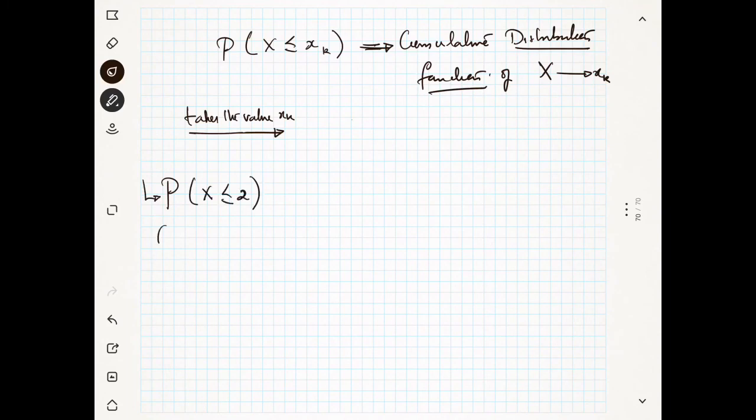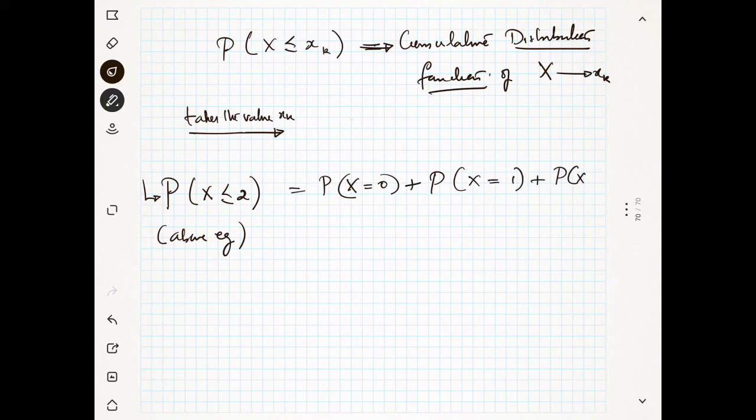For the above example, it is nothing but the probability that x takes the value 0, plus the probability that x takes the value 1, plus the probability that x takes the value 2. So, this is 1 by 8 plus 3 by 8 plus 3 by 8, that is it. So, this is nothing but the cumulative distribution function, CDF.